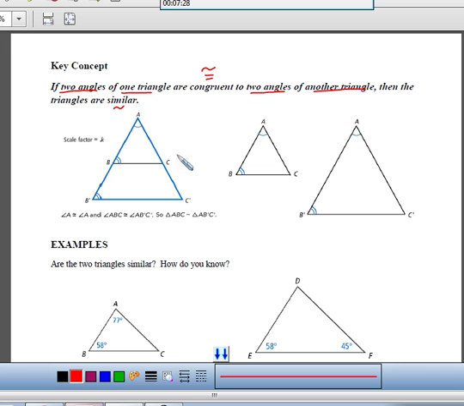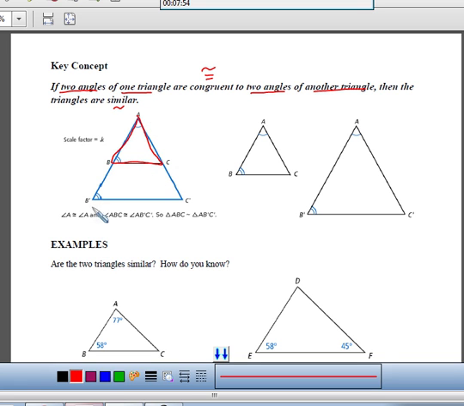This is a fact. This is something that we know. So if we look at this picture below, here's an example for us. And you can see these are overlapping triangles, and the picture next to it is where they pulled them apart. I'll show you the first triangle here, A, B, C.